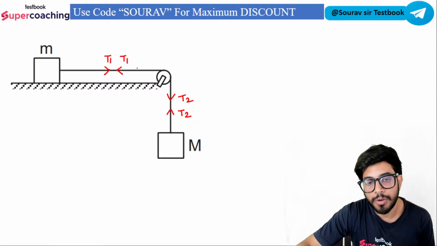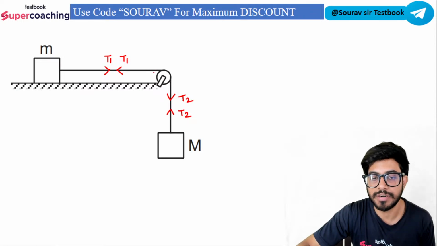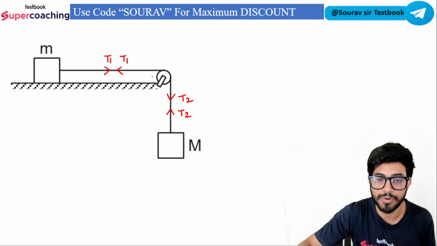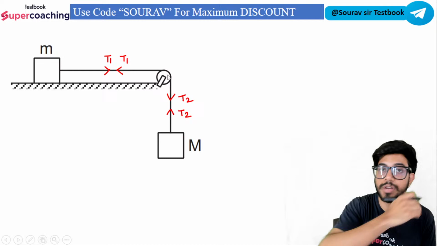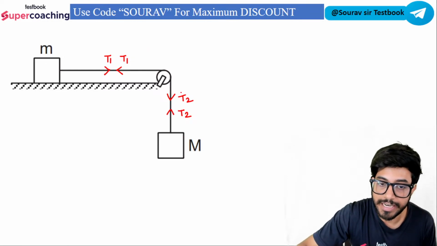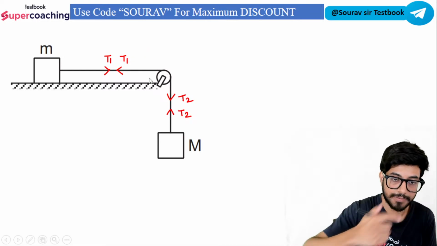Now, on both sides of the pulley the tensions are not the same because the pulley has mass and the pulley is rotating. If the tensions were the same, the pulley could not rotate. The pulley is rotating, that's why the tension must be different on both sides.